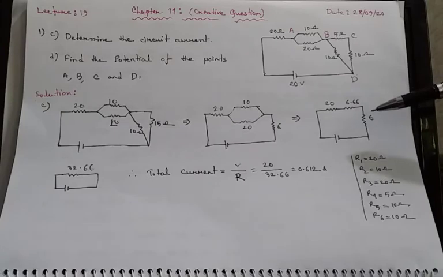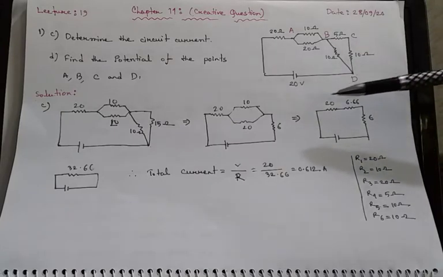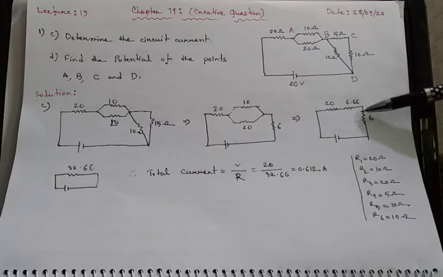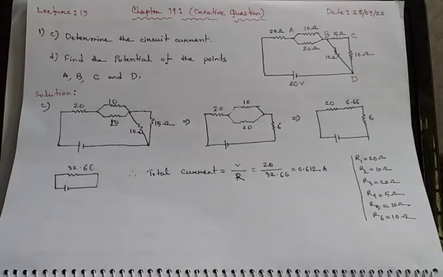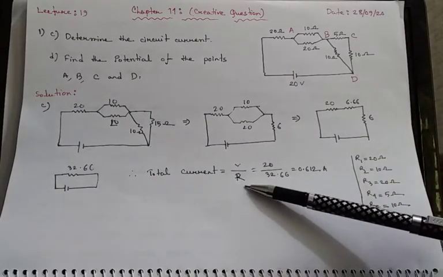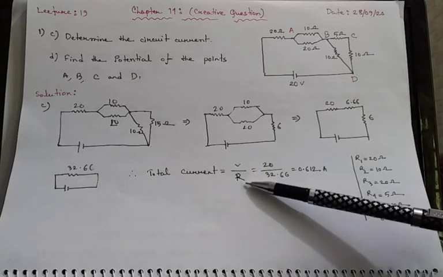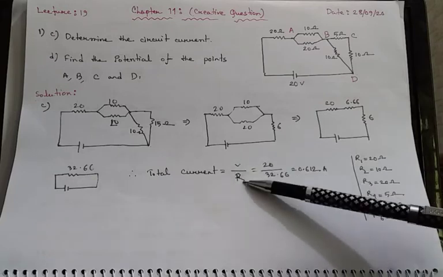In a series combination, we just have to add all the values, and we will get the total equivalent resistance of the circuit, which will be 32.66 ohm. As we have got the total equivalent resistance, we can easily determine the total current, and from Ohm's law the total current will be I equals V by R.